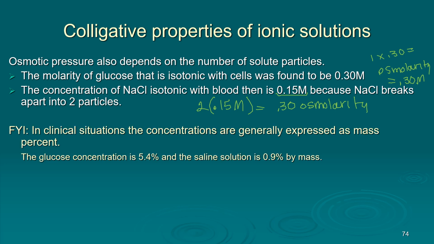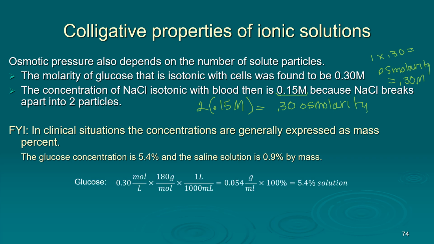As an aside, in a clinical situation, concentrations in hospitals are usually expressed as a mass percent, and of course we know how to do that. It turns out that glucose is 5.4% and saline is 0.9%. I think it's 0.88 or something; it rounds to 0.9.